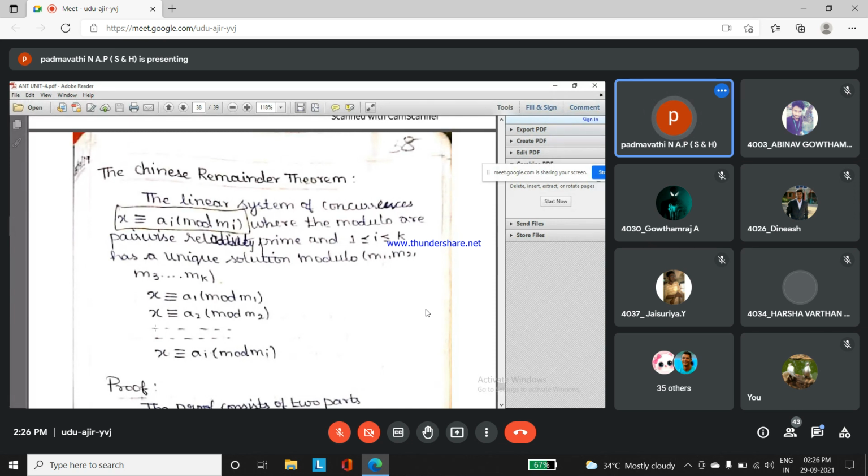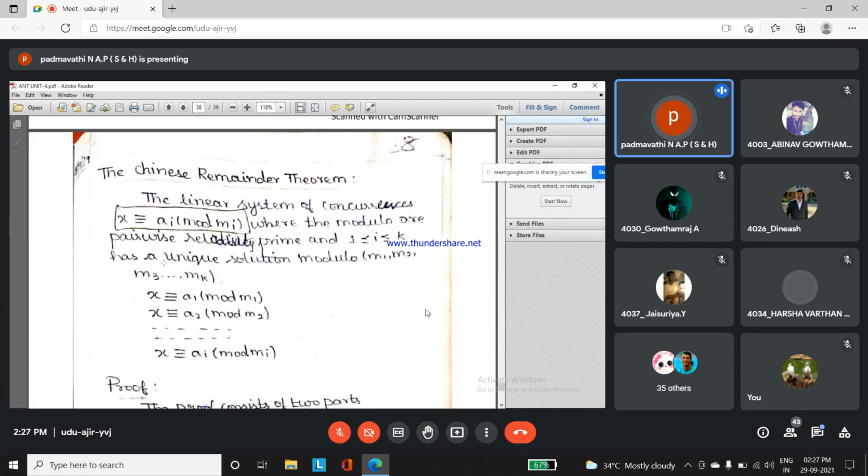The next congruence is in the next row: x is congruent to a3 mod m3, etc., up to x is congruent to a_i mod m_i. The RHS values are various: a1 mod m1, a2 mod m2, etc., but the LHS is not various, it is the same value x, where the moduli are pairwise relatively prime and i lies between 1 to k.